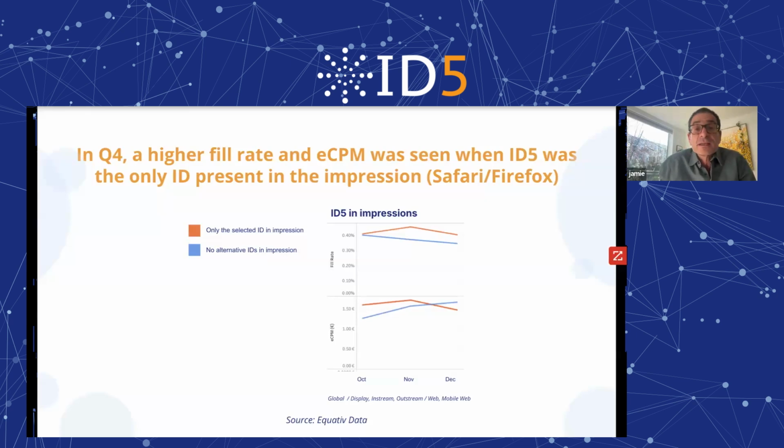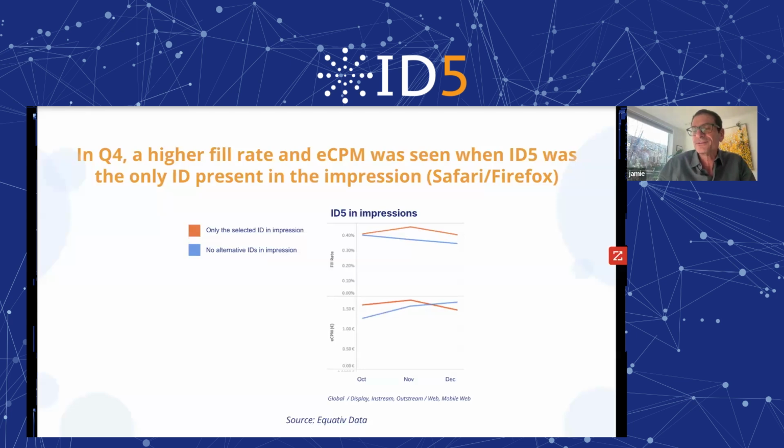We see that realized in this chart here for ID5, right? If you look at the orange line at the top, it's fill rates. Fill rates are higher when ID5 is the only ID in the impression. And the effective CPM, 2 out of 3 months, is higher.